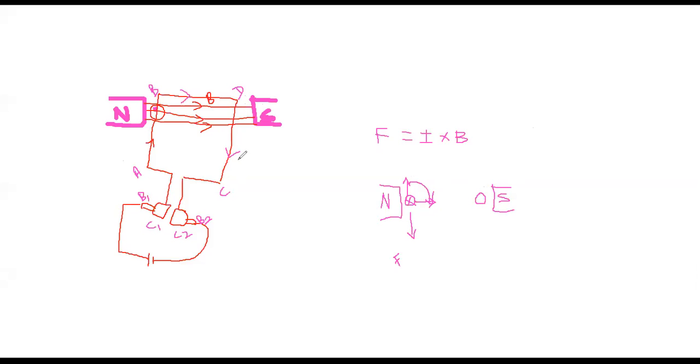So for the coil side CD, what is the direction of current? It is coming outward. Outward means it is a dot symbol. And the flux density direction remains the same.